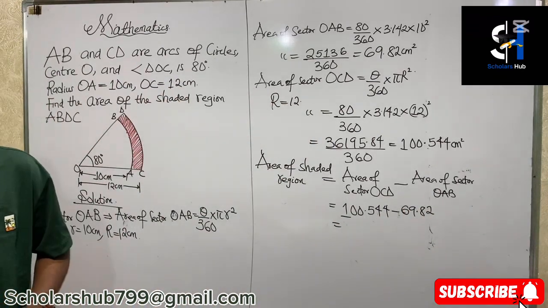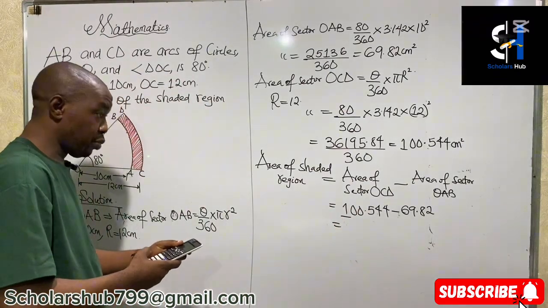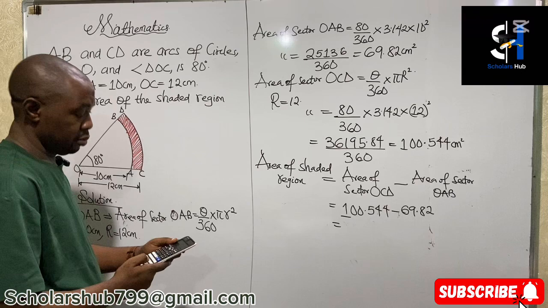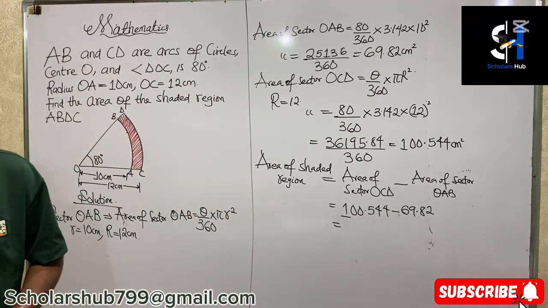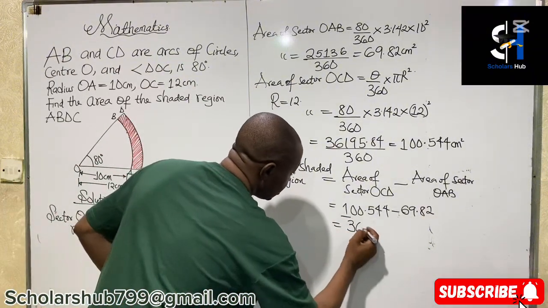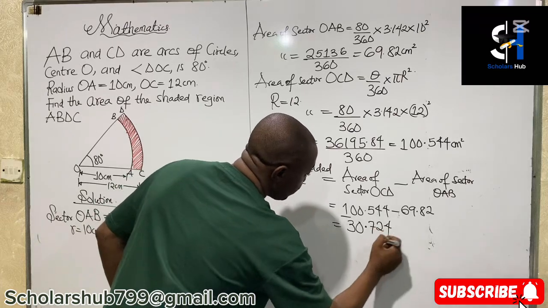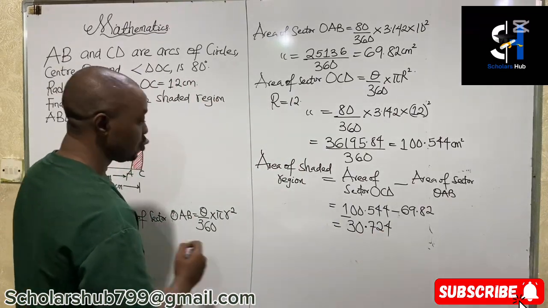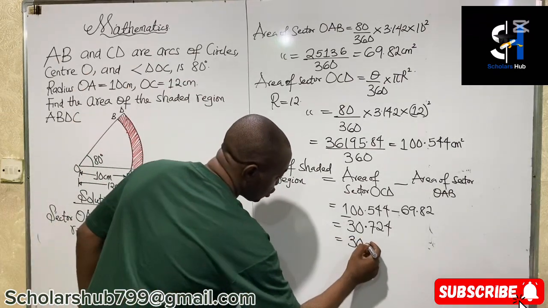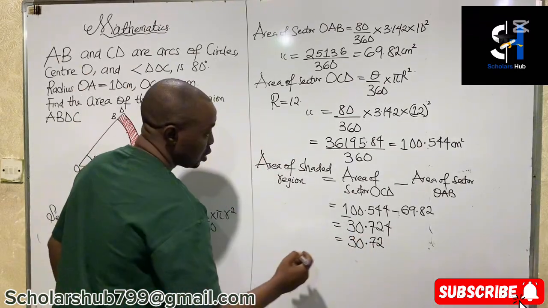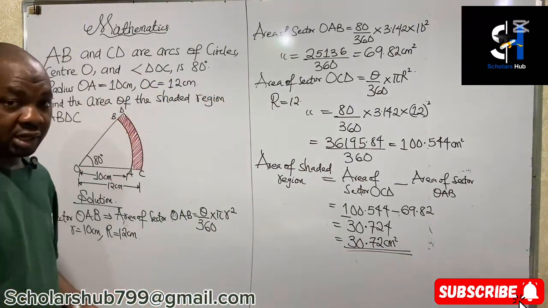When we subtract, our answer is 30.724. We can approximate that to two decimal places as 30.72 square centimeters, and this is the area of the shaded region.